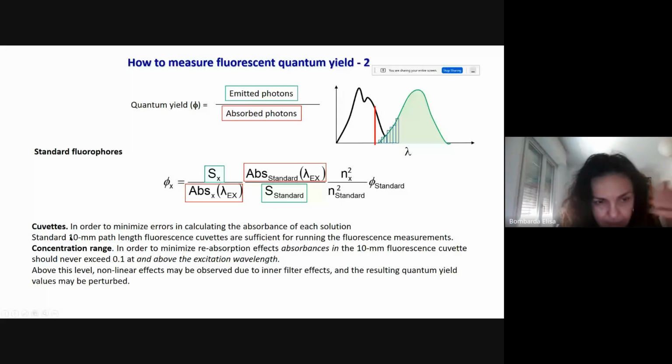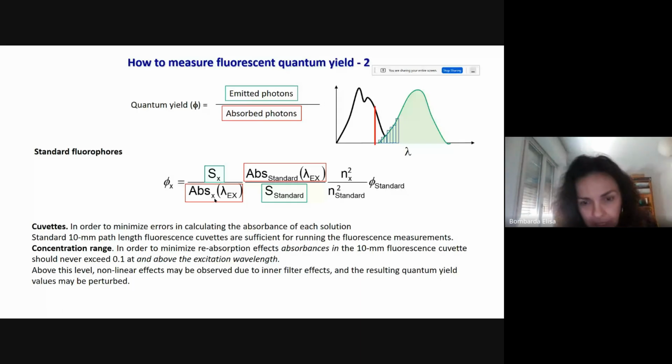Normally the standard cuvettes are used, 10 millimeter, and the concentration range actually has to be, again, chosen to minimize all possible problems, in particular the inner filter effect, both in the standard and in the sample emission. And so it's better to always have the absorbance in both cases lower than 0.1.